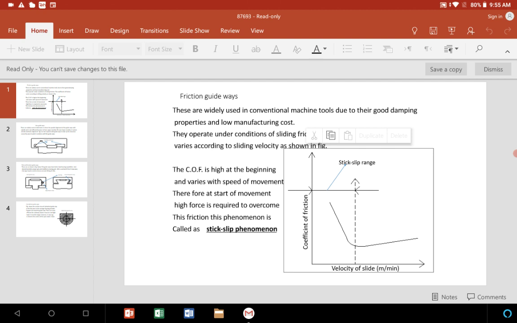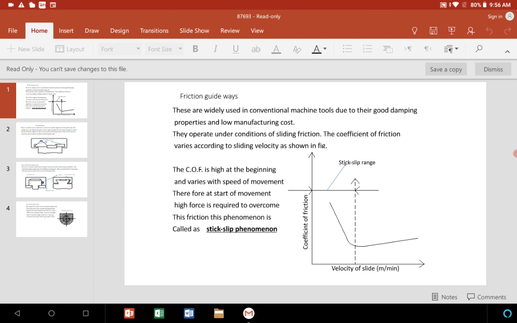decreases. So this kind of behavior, at the start the high opposition, initial start, and then it goes on decreasing, is a phenomenon called the stick slip phenomenon. Stick in the sense of adhering to the body or working part.